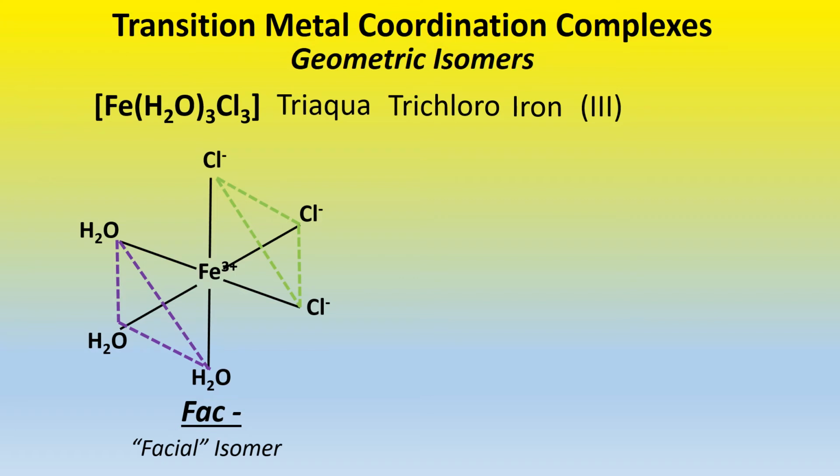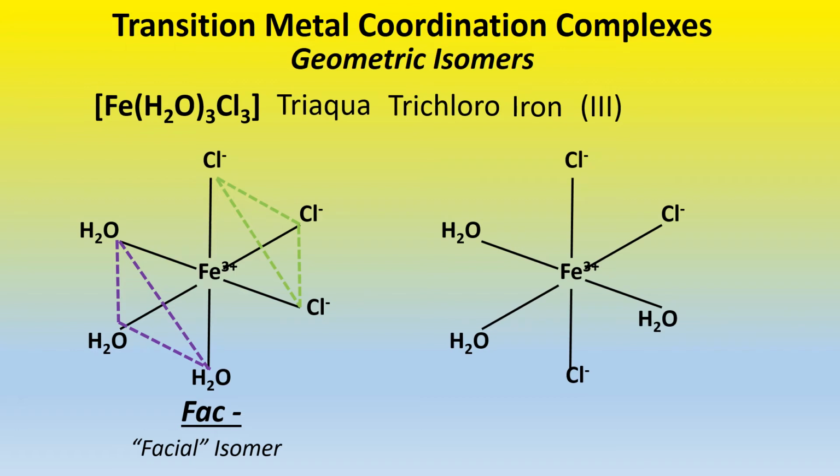More subtle, but in the next picture you can see another way of drawing this molecule, where I've run a chlorine on top, one on the bottom, 180 degree separation. In this case, the chloride ions go 1, 2, 3, top to bottom. The waters go 1, 2, 3, right to left.